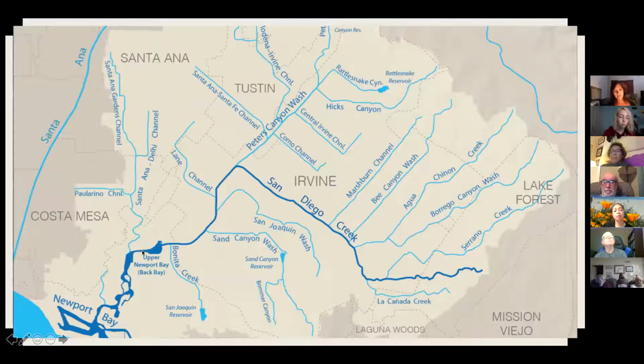And then if we continue back, we're going to go under the toll road, and you can see San Diego Creek is the main source of the water, with some also coming from Peters Canyon Wash as well. And as you know, a lot of this area, a lot of these waterways have been paved. And so what used to trickle through this watershed is now kind of more like flushing a toilet.